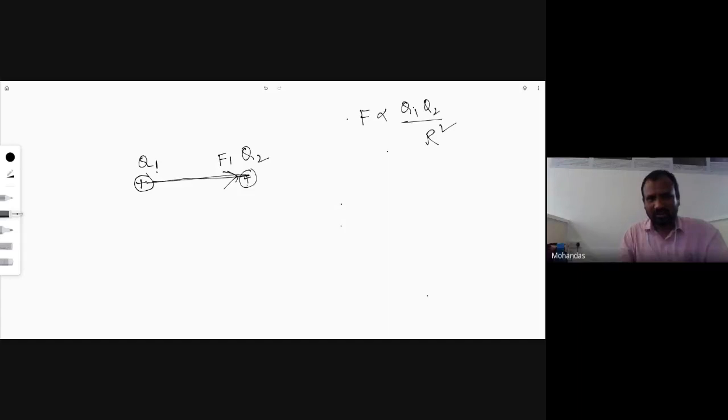And if I move the same charge from here to here, again there is a force. Let us take this as a stationary charge and this as a movable charge.